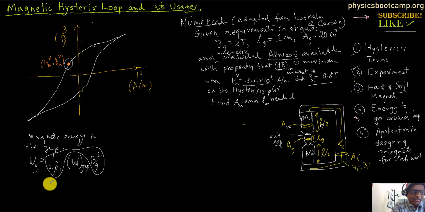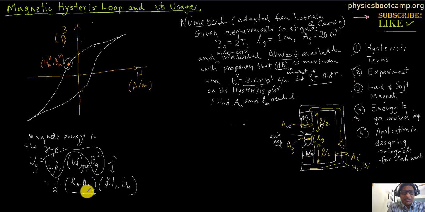Now you can actually carry out the calculation, and this will become this plus this length of the magnet, and the area of the magnet is the same for both of these. So I will show you this calculation in just a minute, but the result is H of the magnet and B of the magnet. I don't want you to get lost in the results of this step. To appreciate that, usually this is the volume of the magnet.